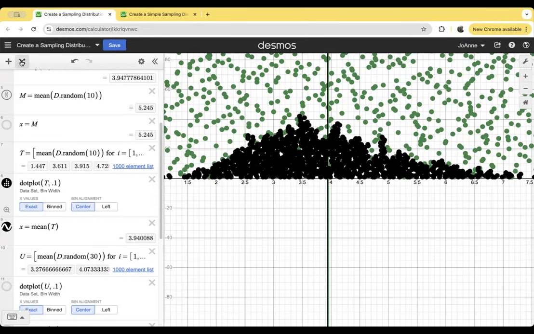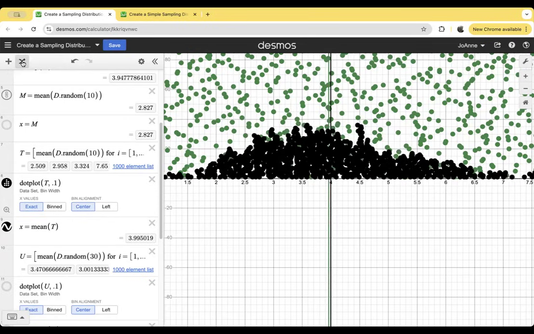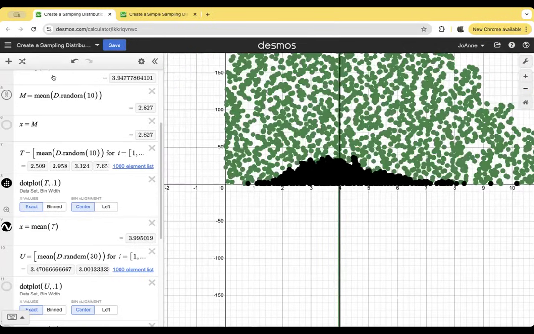If I randomize this, I'm going to see the black dots kind of move around a little bit, but not terribly change their location. Okay, I'm going to keep doing this. They move around, but they don't change their variability so much. They don't change their location so much.